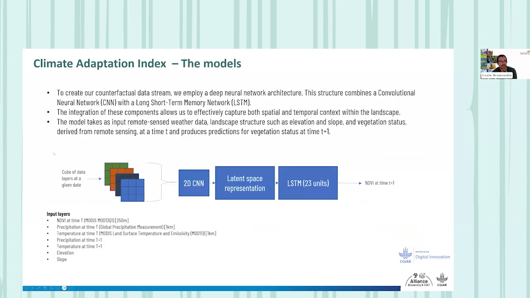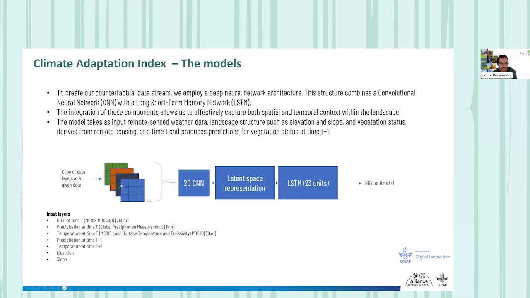To do so, I will not go too much into detail, but we use a combination of 2D convolutional neural network and LSTM to take both the spatial and temporal dimensions into account in the model.